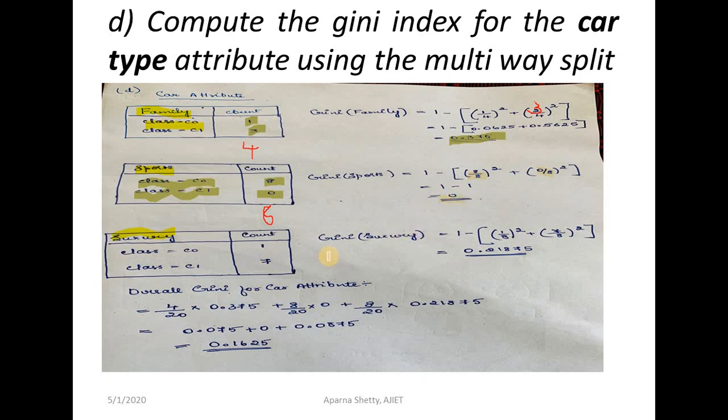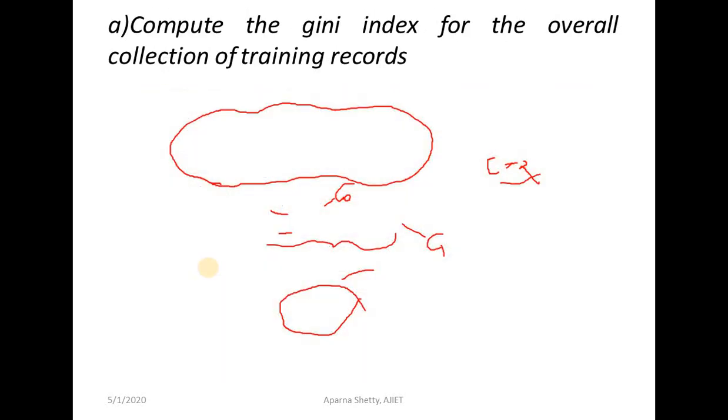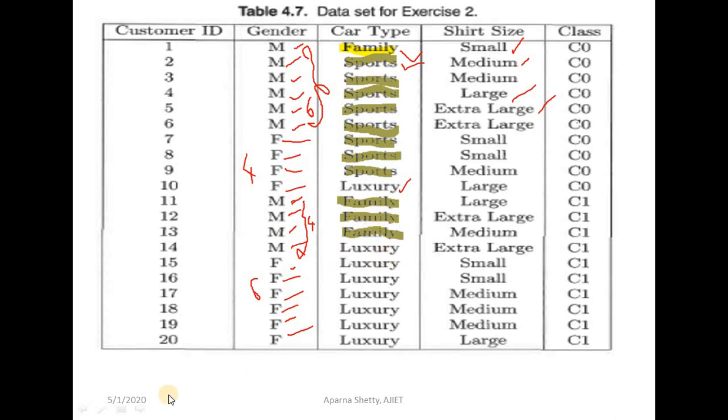Same way, calculate the Gini for luxury cars. First, count the number of records that belong to class 0 and the number of records that belong to class 1. For luxury car, how many records belong to class 0? Only one record belongs to class 0. Correct?